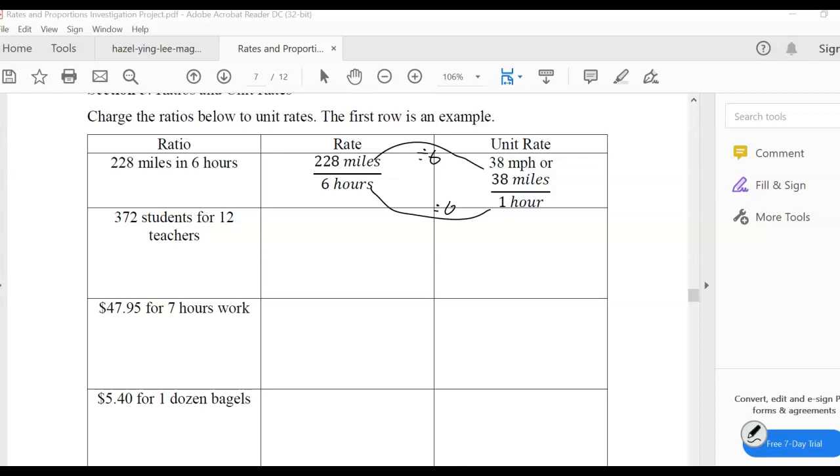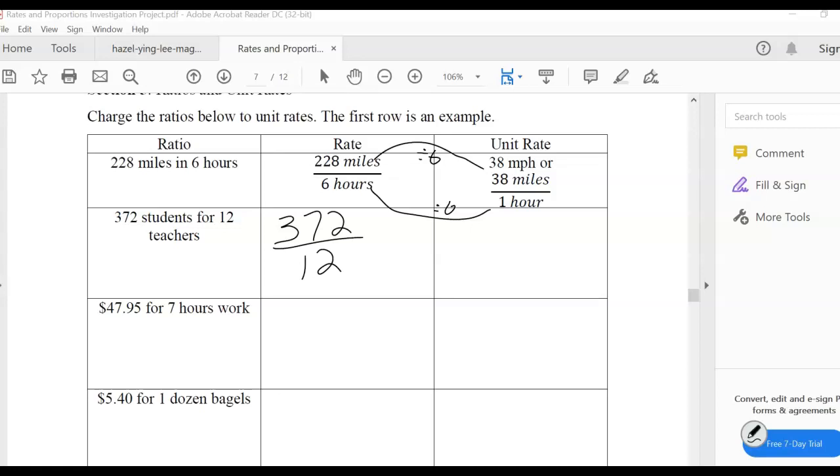Now, what would the rate be of the second one? We have 372 students for 12 teachers. Melody. 372 students for 12 teachers. Okay, everyone should go ahead and write this on their paper. Look carefully at what you have written down. Do you have 372 over 12?